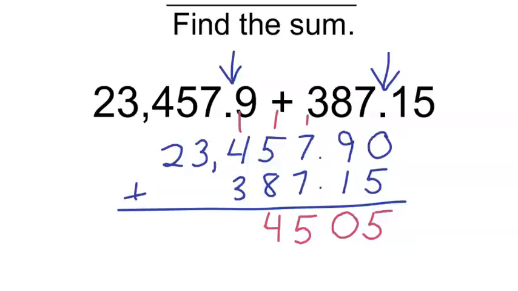Carry the 1. 3 plus 1 is 4, 4 plus 4 is 8. And then we have a 3 and a 2. So at this point, we just bring the decimal down and put it right there, and we go over 3 places. So the answer to this one is 23,845.05, or 23,845 and 5/100.